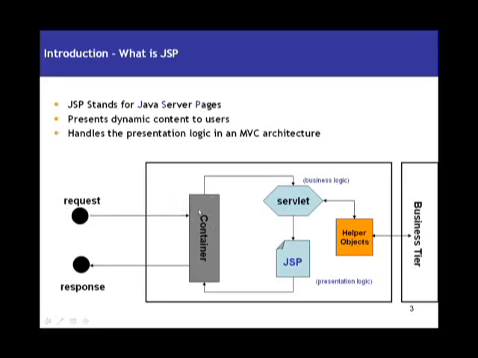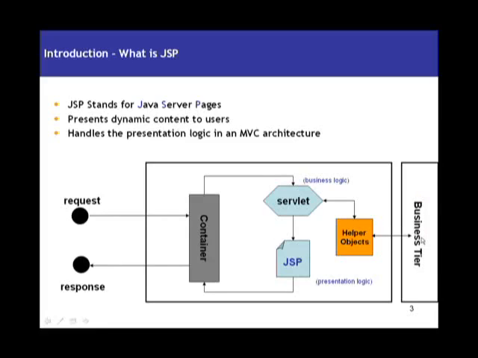So the request goes to the container, and the container will again send the request to the servlet. So basically the servlet is the place where you write your business logic, right? And in fact, the servlet will make use of certain other helper objects to complete its business logic processing.